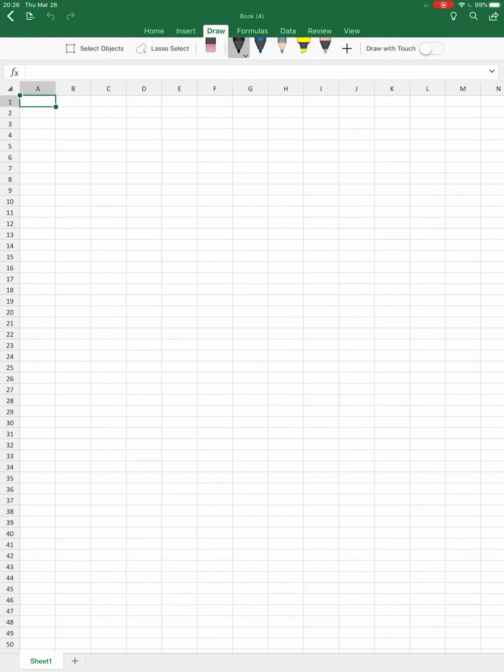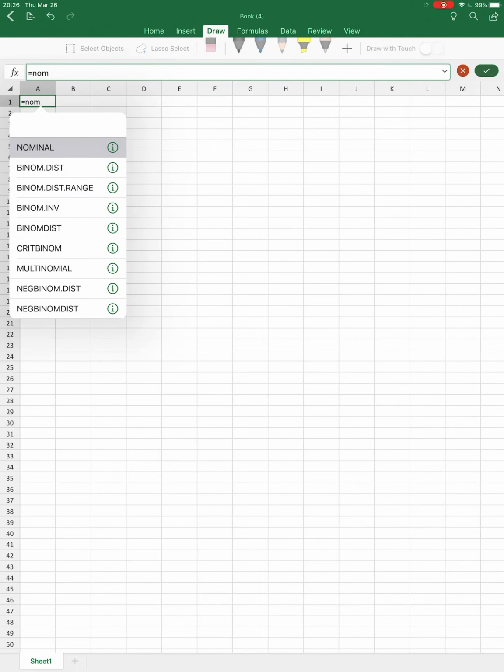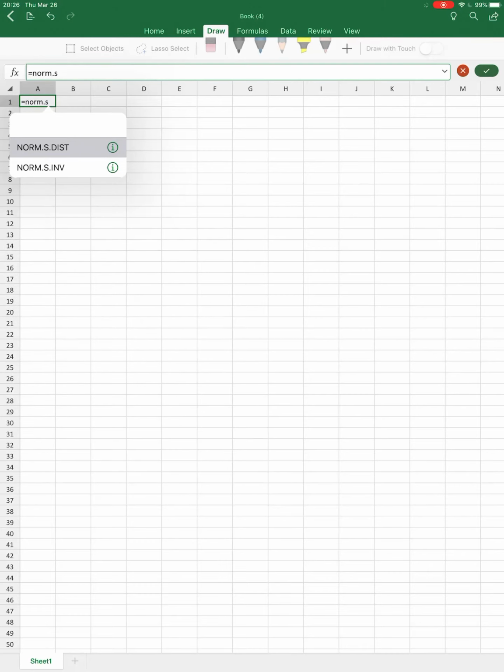Using Excel, I hit equals norm.s.dist and open my parentheses. It's going to ask me for two things: the z-score that I found, and whether I want the probability of just that z-score or the probability of everything less than that z-score.